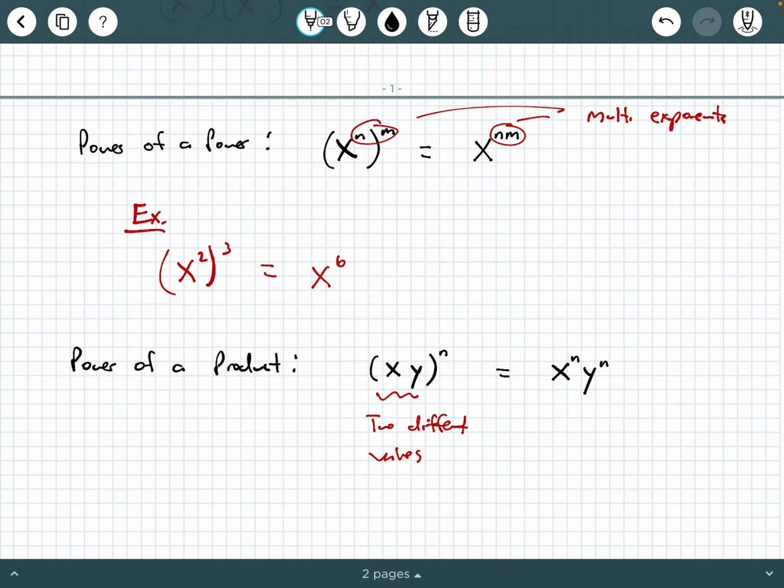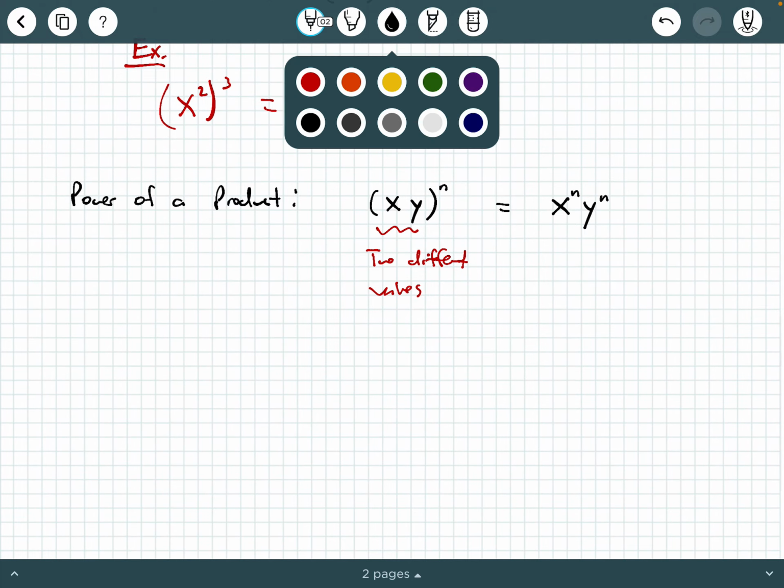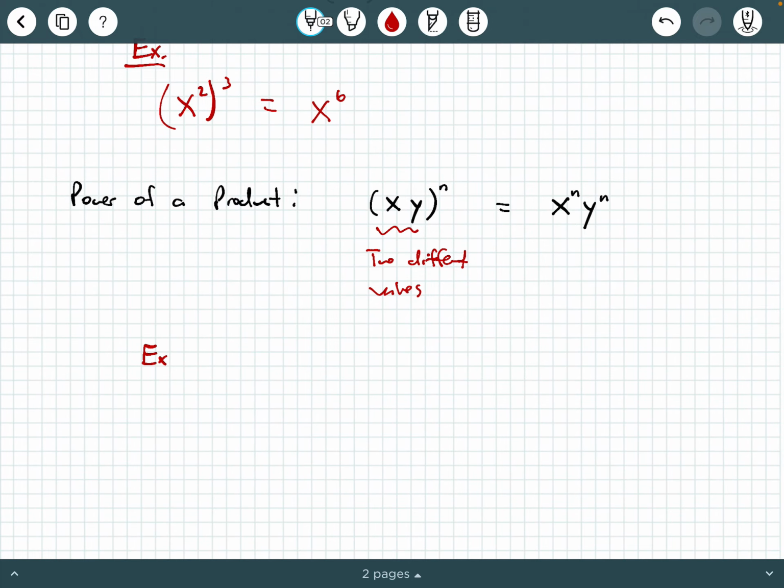So you can almost think of this n as being distributed to each of these different base values. So an example of this would be a, b, c to the 3rd power. What does this end up becoming? This becomes a cubed times b cubed times c cubed, okay? So that's power of a product.